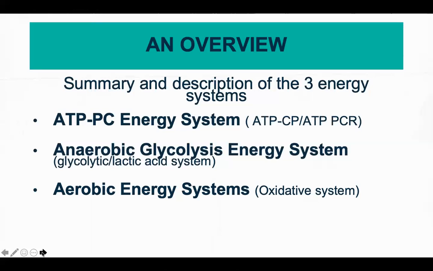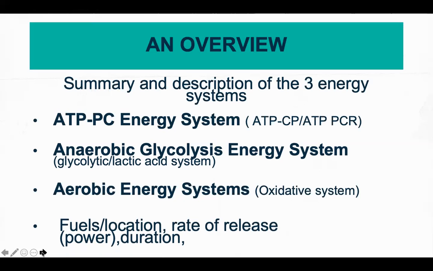Mainly in America, they refer to this as the oxidative system because it uses oxygen to break down fuels into ATP. However, this is also done aerobically. The first two energy systems are anaerobic, and anaerobic means it does not require oxygen to break down the fuels into energy. But our third, which is the aerobic energy system, does require oxygen.